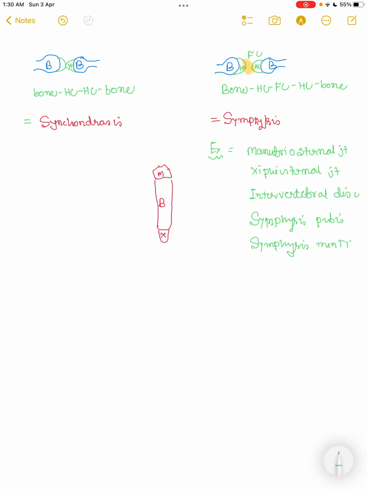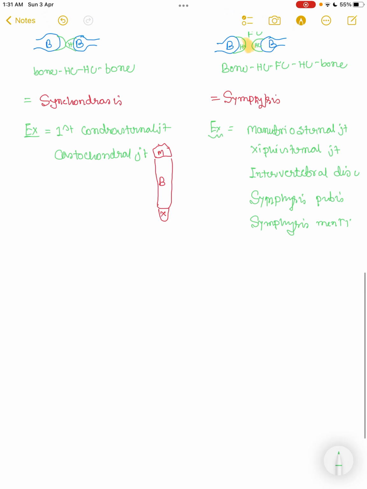In the case of synchondrosis, the examples are the first chondrosternal joint and the costochondral joint. And I think many find the names difficult, chondrosternal, costochondral.